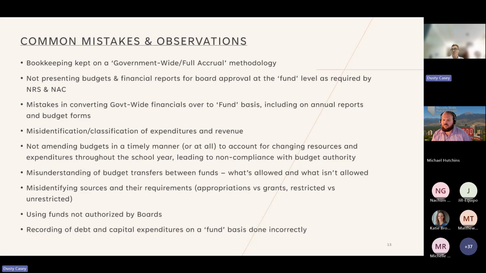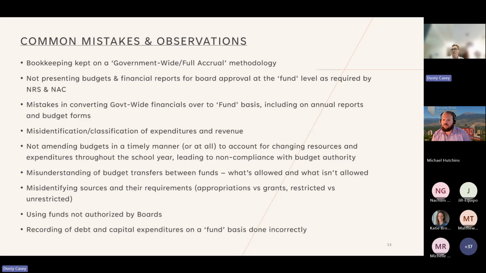I can tell you, I've had years where we had 3 different amendments throughout the year based on things like enrolling students with severe needs in the middle of a year, getting a grant awarded partway through the year and being able to start a capital project.